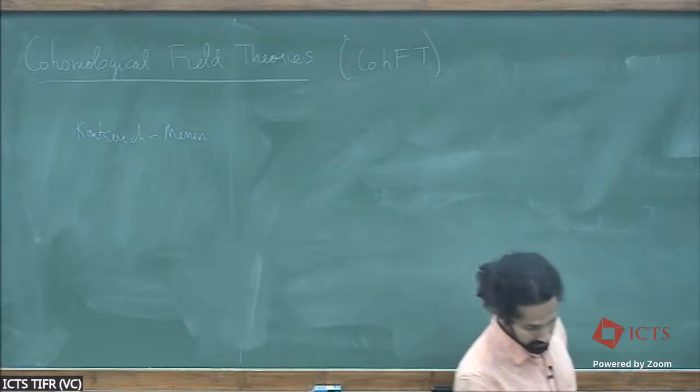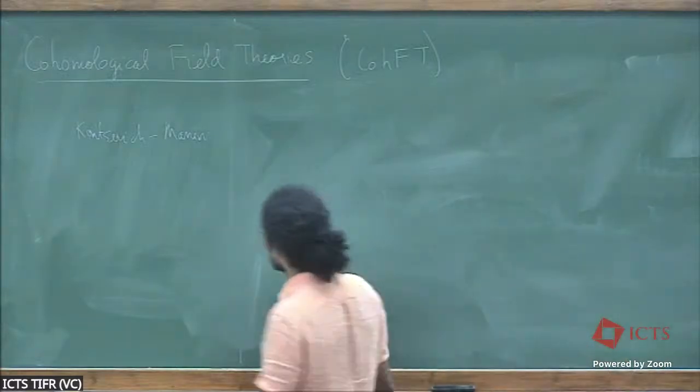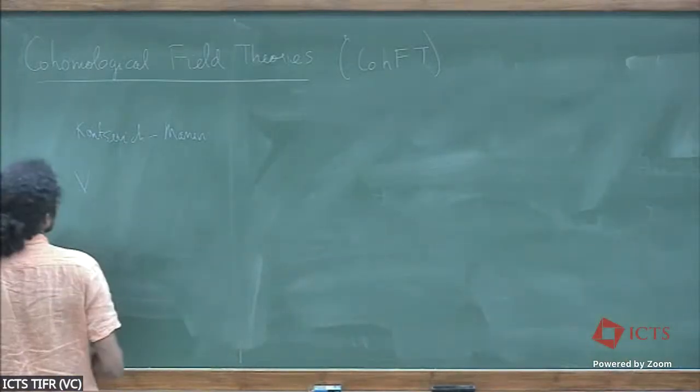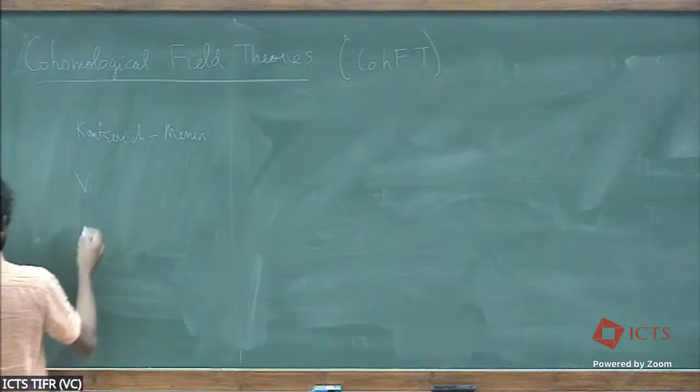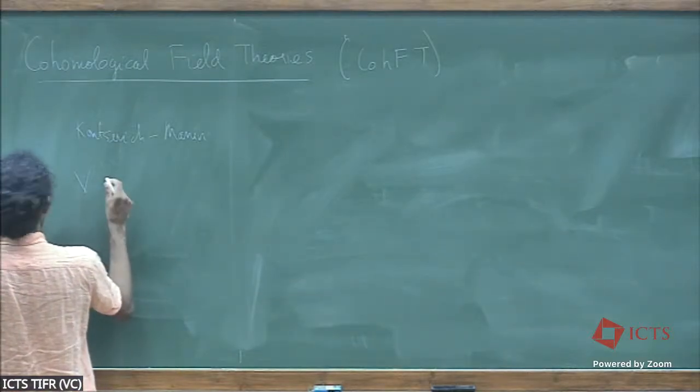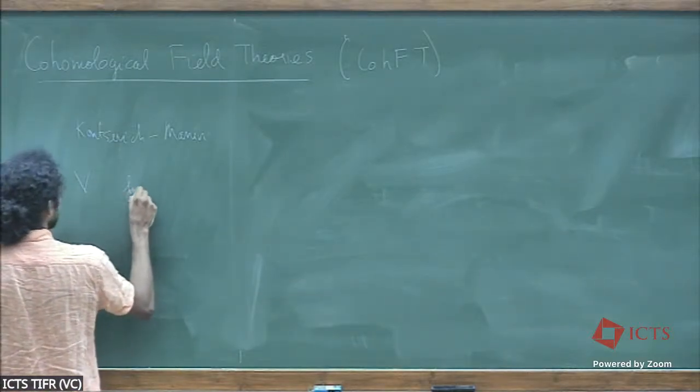And the definition is as follows. You'll see that this is going to use the structure of the moduli space of curves, specifically the strata sitting inside it, so the stratification. I'll take V to be a finite dimensional vector space.